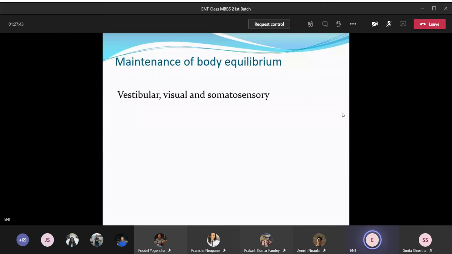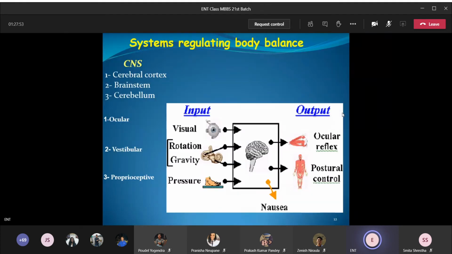Maintenance of body equilibrium. How does the body stand in equilibrium? There are mainly 3 systems: vestibular, visual and somatosensory. As you can see in the picture, inputs come from the vision, the eyes, and if there is any rotational force or gravity pulling, those inputs come from the semicircular canal, utricle and saccule, and from the proprioceptive area.